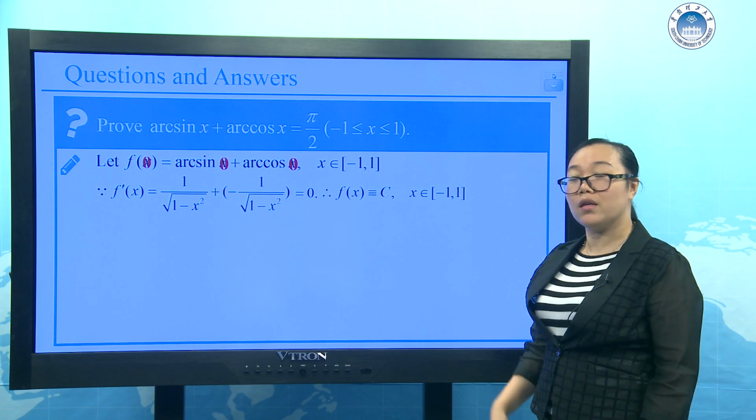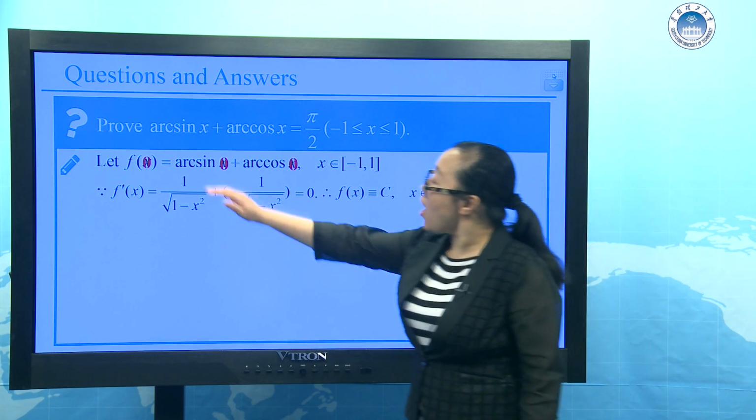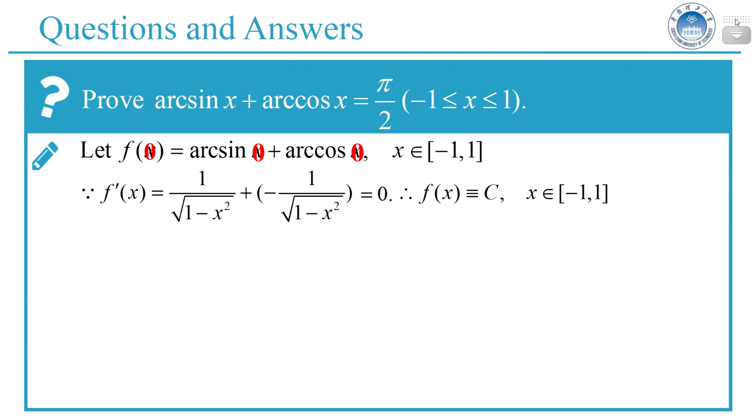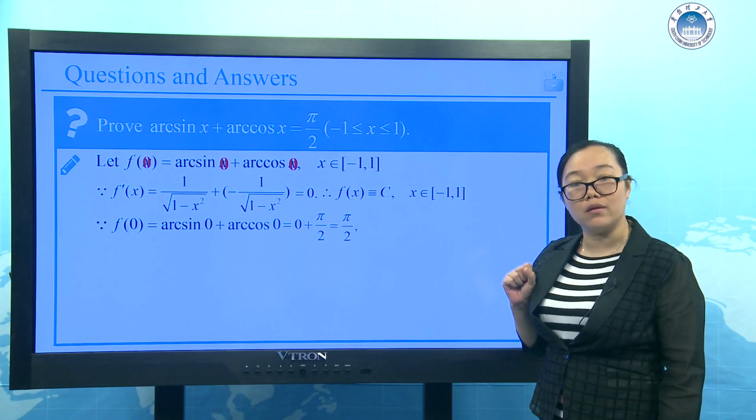So now, taking the special point 0, f(0) equals arc sin 0 plus arc cosine 0. Do you know this? Yes, arc sin 0 equals 0. How about arc cosine 0? It equals half pi. Together 0 plus half pi means half pi.